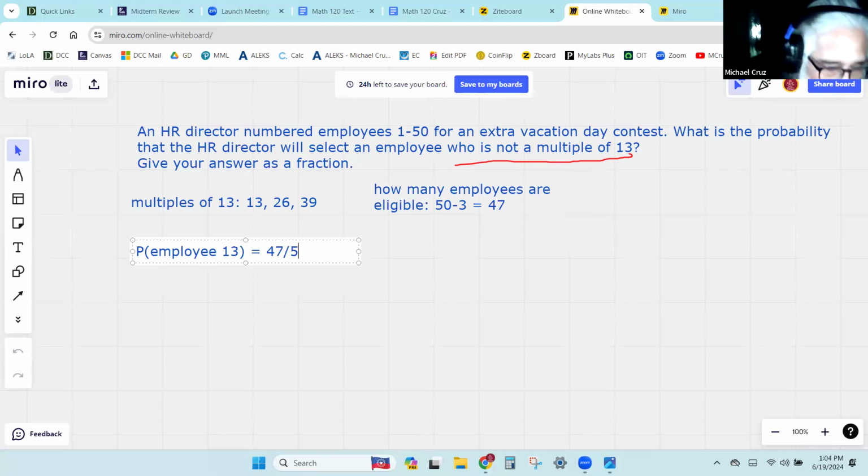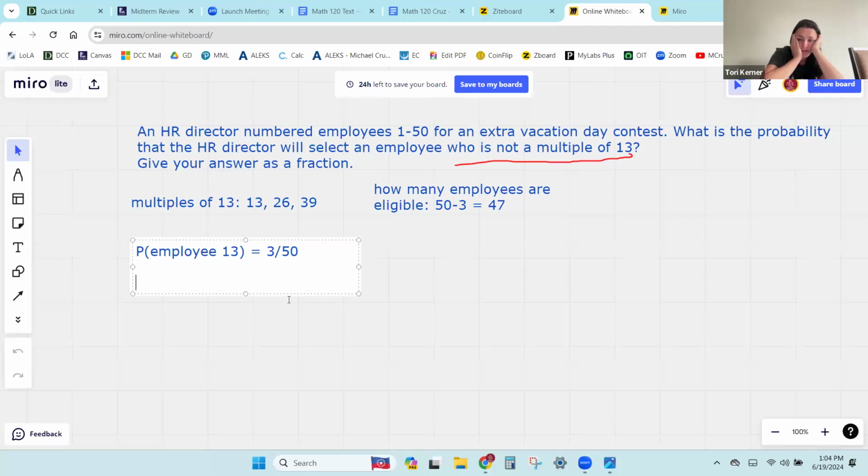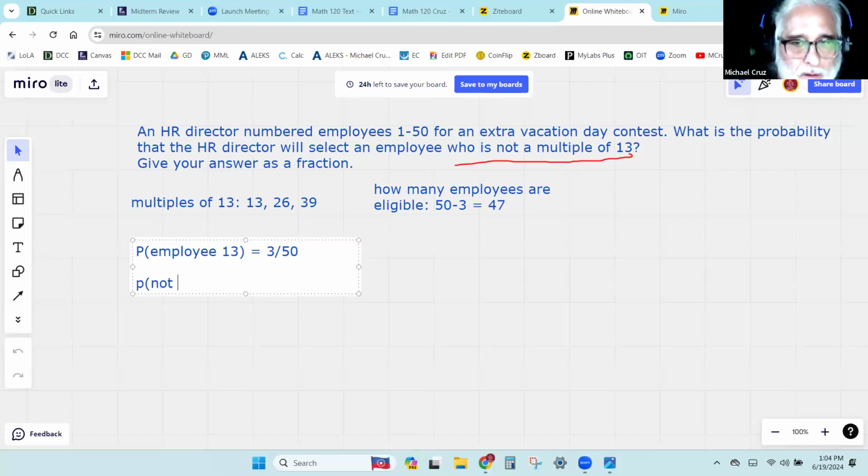Right? Now the complement then, which is 47 over 50. There we go. No simplification because 47 does not have a common factor.